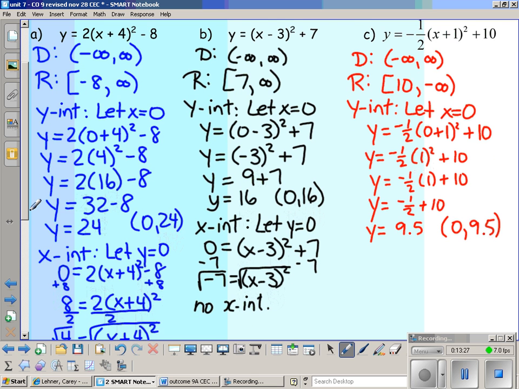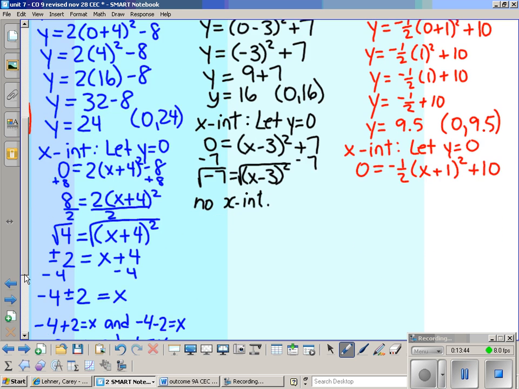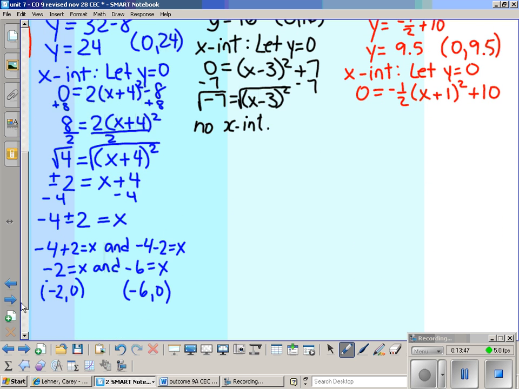Finding the x-intercept. Let y equal 0. So we will have 0 equals negative 1/2 times x plus 1 squared plus 10. We want to isolate the brackets.